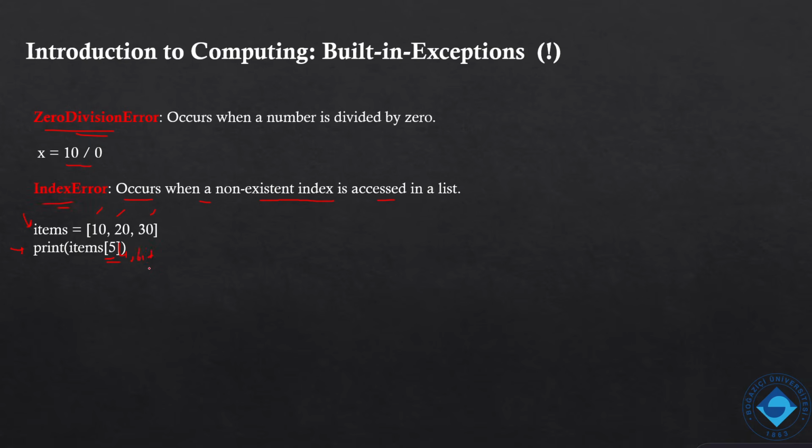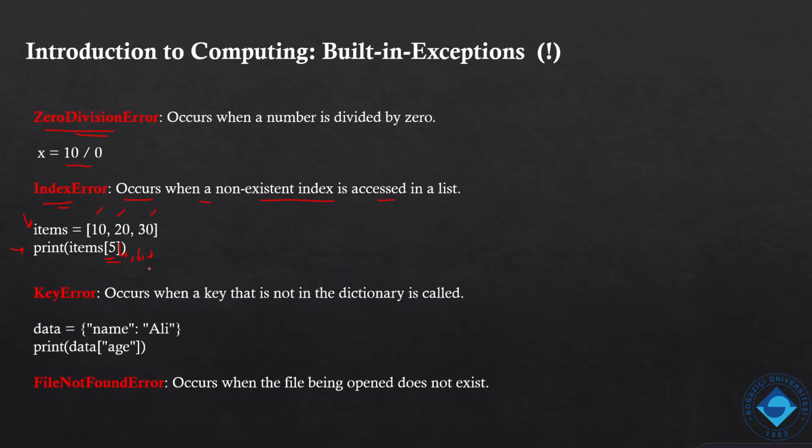So it's going to give an IndexError. KeyError occurs when a key is not in your dictionary. As you can see, in our dictionary we have one key and value pair, it is name. But if I try to print the key age, as my dictionary doesn't have age, it's going to give this error.